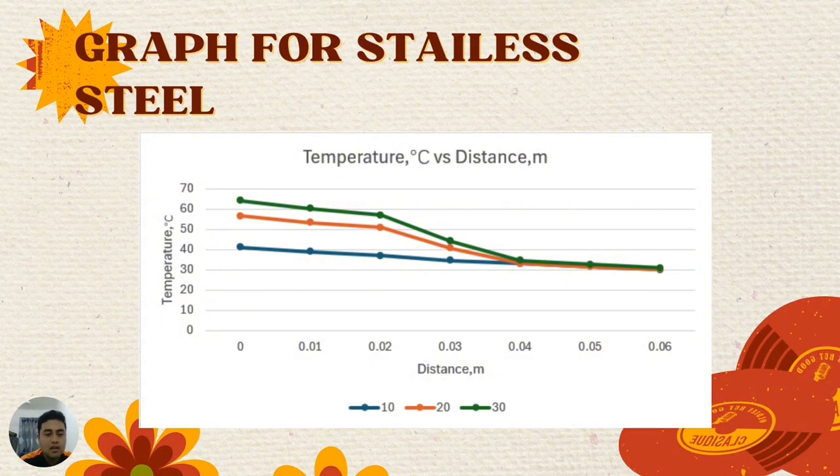If we can see, the graph for the stainless steel is slightly different from the previous ones, which are the copper and the brass material. So from here I can see that this graph is also decreasing, but from zero distance to 0.02, I will say the decrease is slightly slow, but from 0.02 until 0.04, the decrease is quite extreme compared to 0 to 0.02 meter.